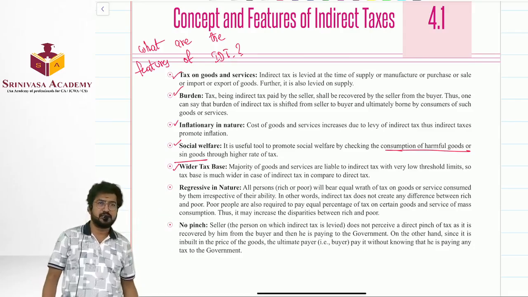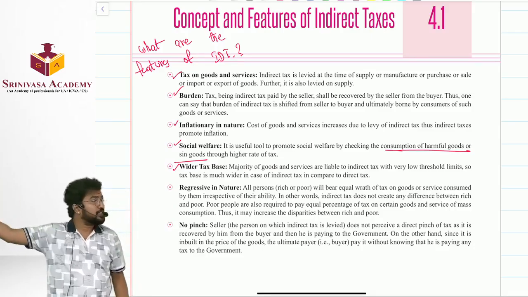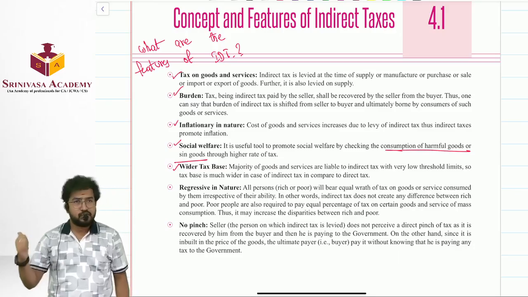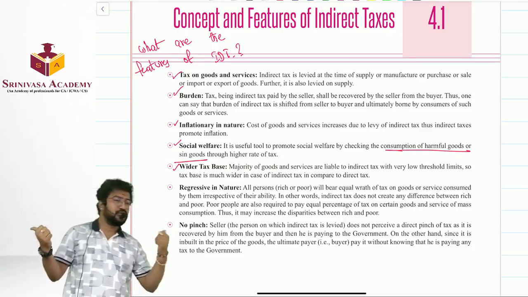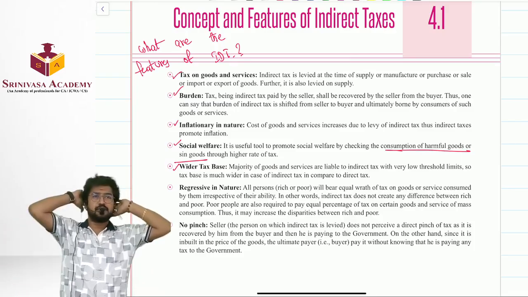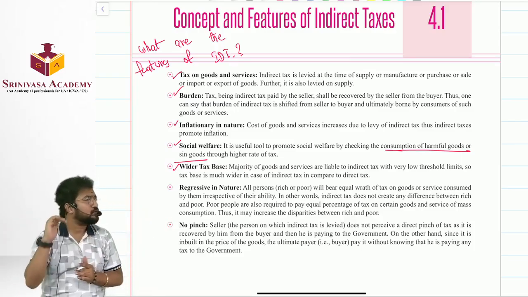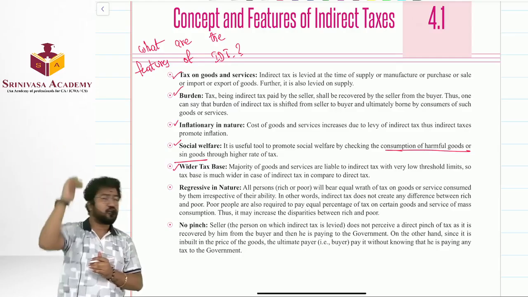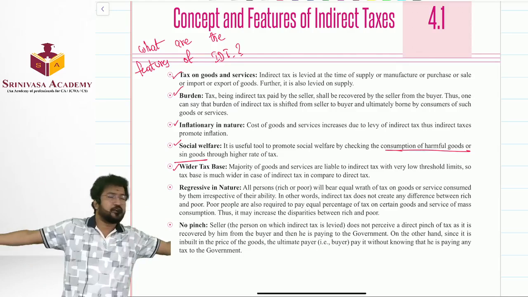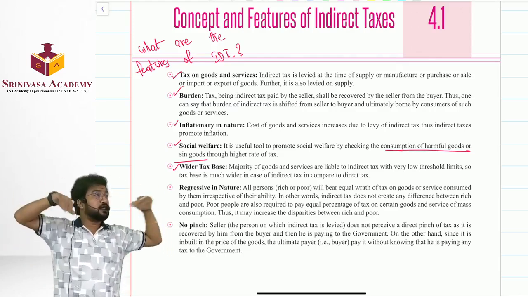Will there be GST, indirect tax? Yes. You go to a Benz showroom and purchase a Benz car. Will there be indirect tax? Yes. You go to a salon, there will be indirect tax. You go to a chartered accountant or a cost accountant office, there will be indirect tax. Are you understanding the point? What that means is, it is not about how small the good is, how big the good is, how costly the service is, how cheap the service is. The tax base is wide enough, it almost covers anything and everything.